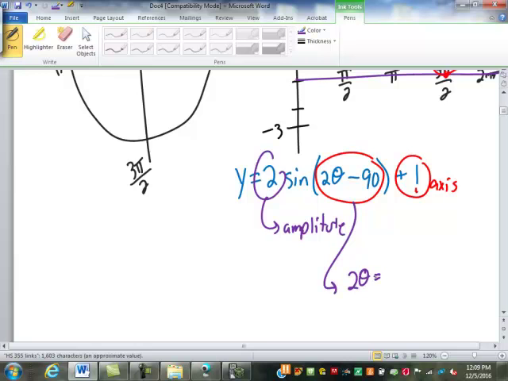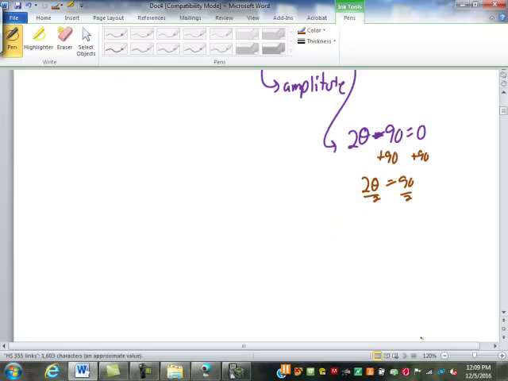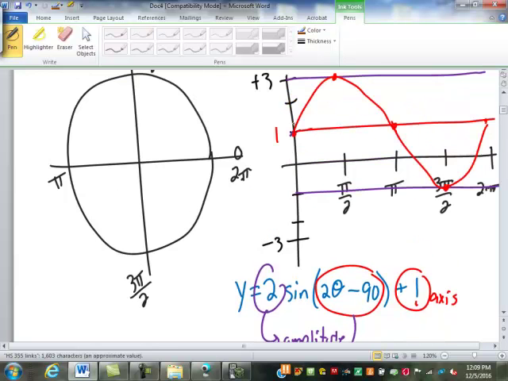So 2 theta minus 90 equals 0. I would add 90 degrees. So 2 theta equals 90 and divide by 2. Theta equals 45 degrees. So what would normally be 0 on this curve is going to be 45 degrees.